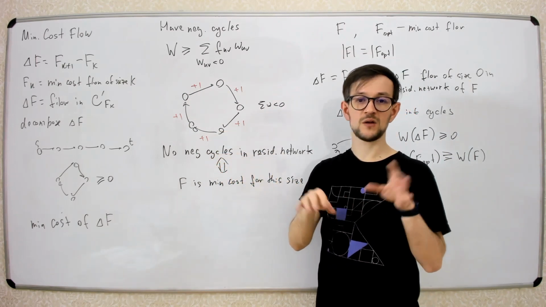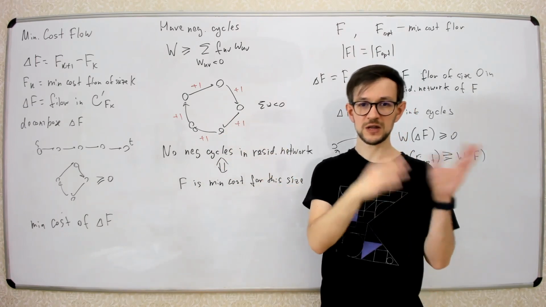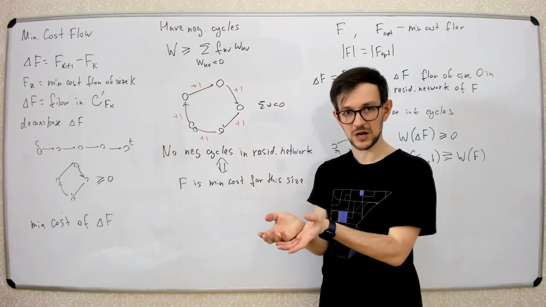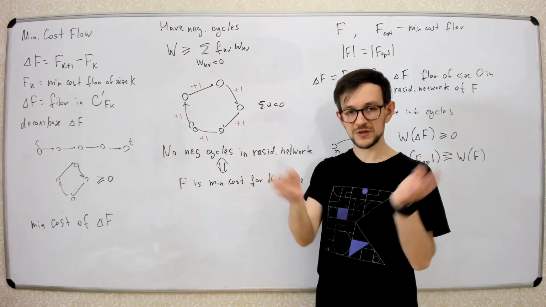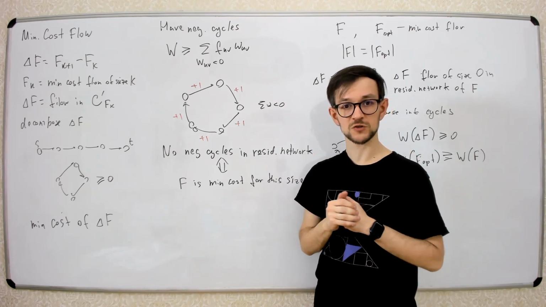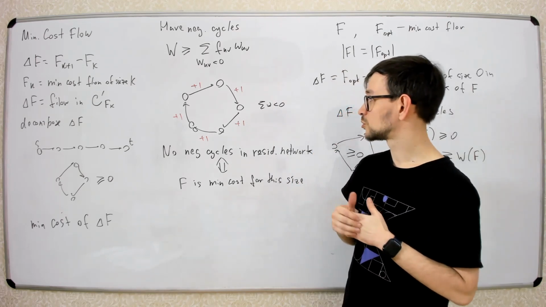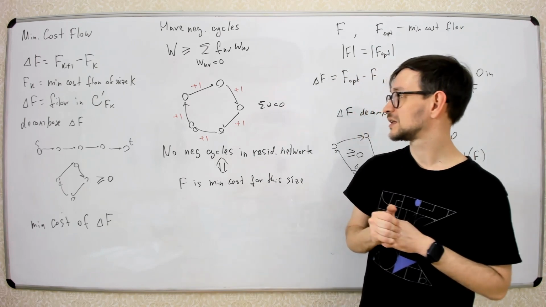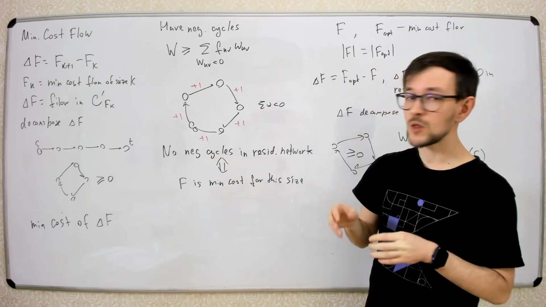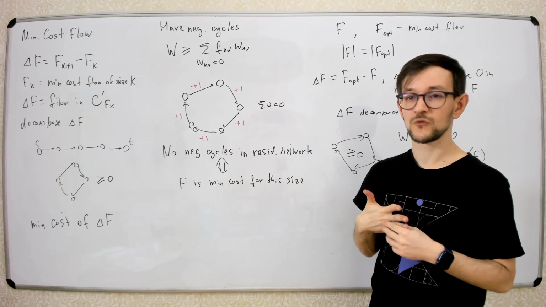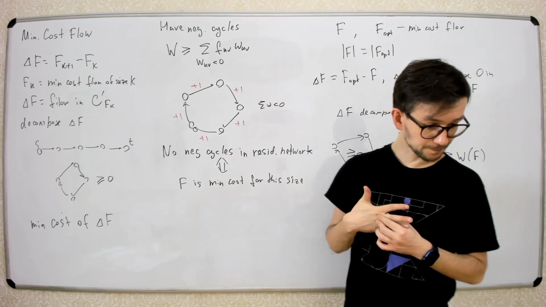And if you apply this operation not to any negative cycle but to this optimal negative cycle, then the number of these operations will be polynomial in the size of the graph. I will not prove it today, but you can read about it if you're interested. So that's one way to build a polynomial time algorithm for this minimal cost problem.